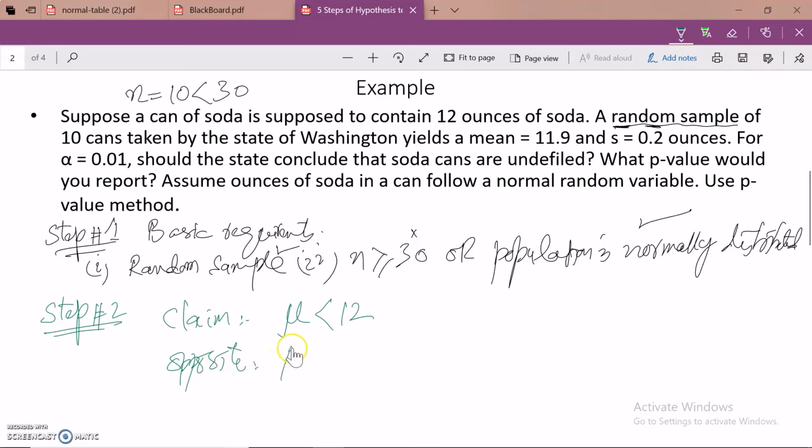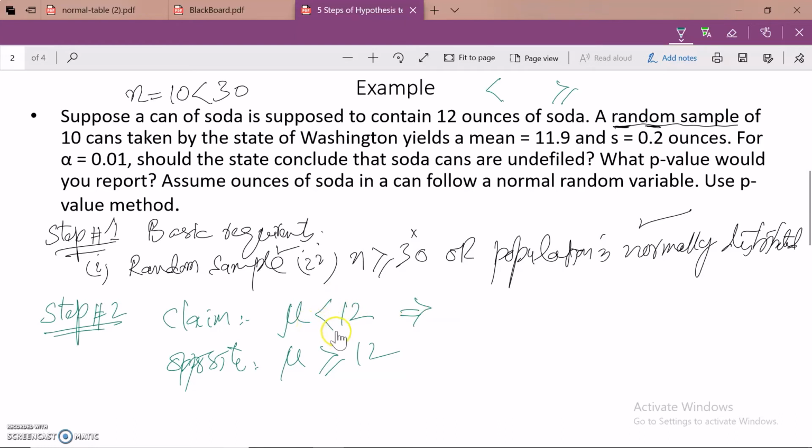The opposite of that claim is mu, the mean, is greater than or equal to 12. Remember, if we have a less than symbol, its opposite is always greater than or equal to. Now recall one of these statements is the null hypothesis and the other one is the alternative hypothesis. Recall from our earlier discussion, a null hypothesis never contains a less than symbol.